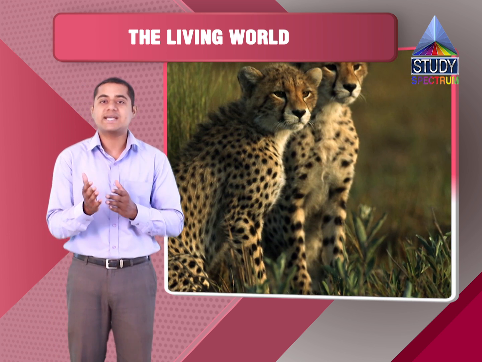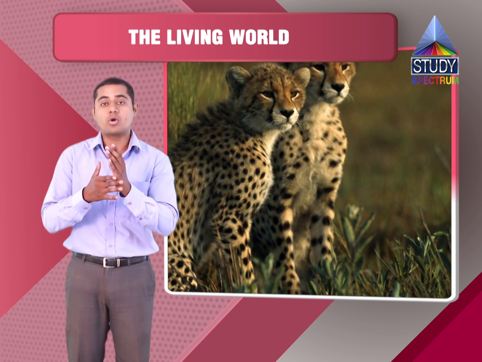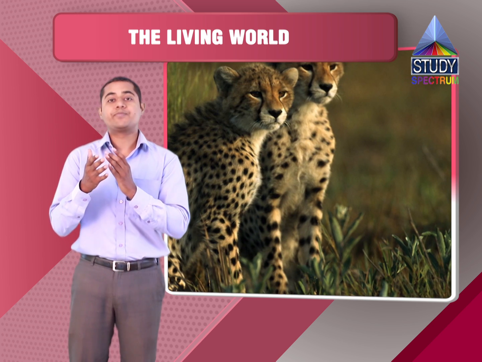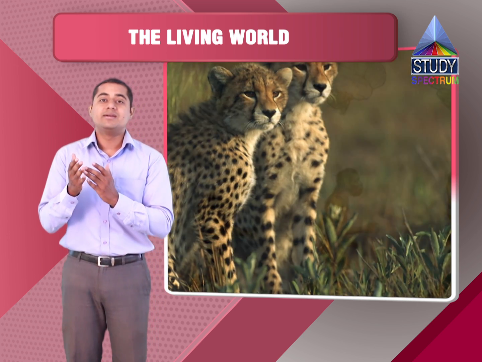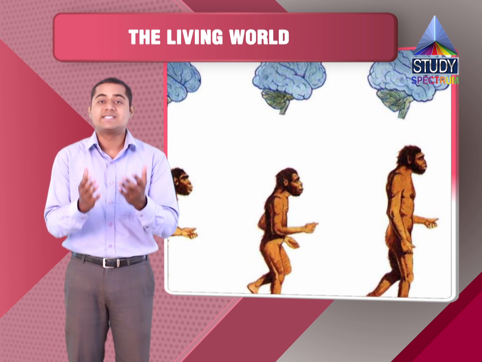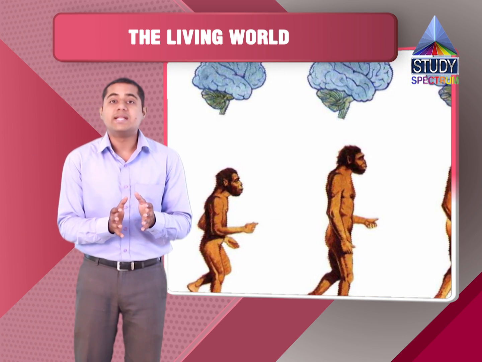And how are we taxonomically placed? We are placed in kingdom Animalia, phylum Chordata, class Mammalia, order Primata, family Hominidae, genus Homo and species sapiens. Correct. This is how we classify these organisms.